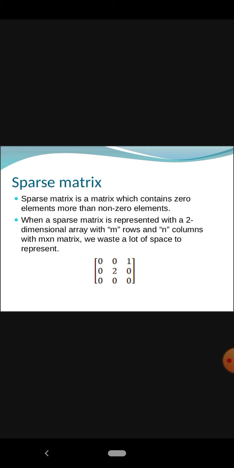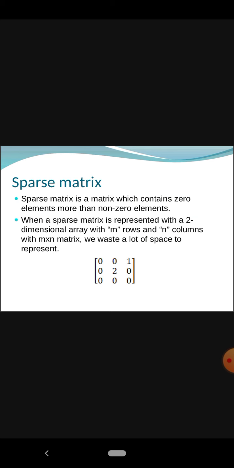Suppose we have a sparse matrix like below: 0, 0, 1, 0, 2, 0, 0, 0, 0. Here only two non-zero elements are there and the rest of the elements are 0. So actually we are wasting a lot of space in this matrix.